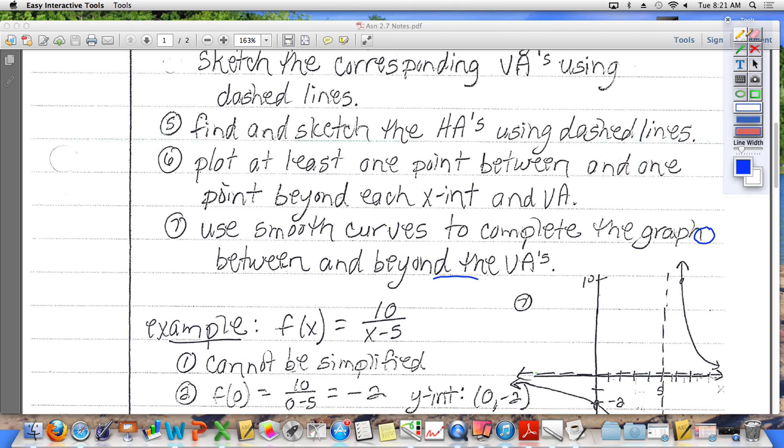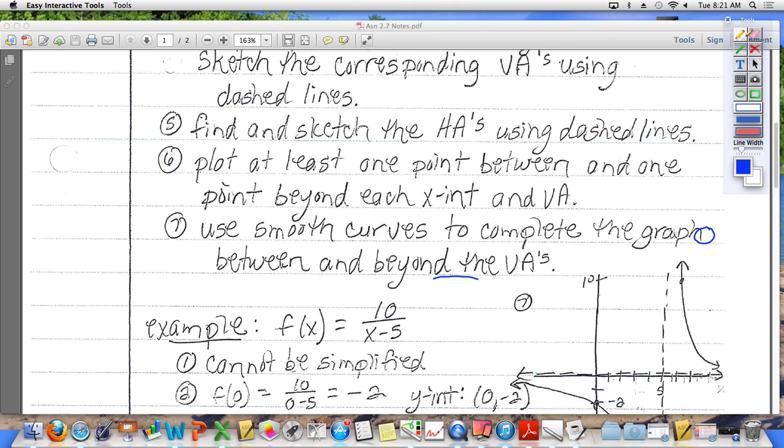Remember, if the degree of the numerator is the same as the degree of the denominator, it's the lead coefficient divided by the lead coefficient. If the degree of the numerator is bigger than the degree of the denominator, it's something else. So you've got to go back and look at those rules that we talked about in section 2.6, which is also, by the way, on your purple paper that I just handed you. Your cheat sheet for the test on Friday.